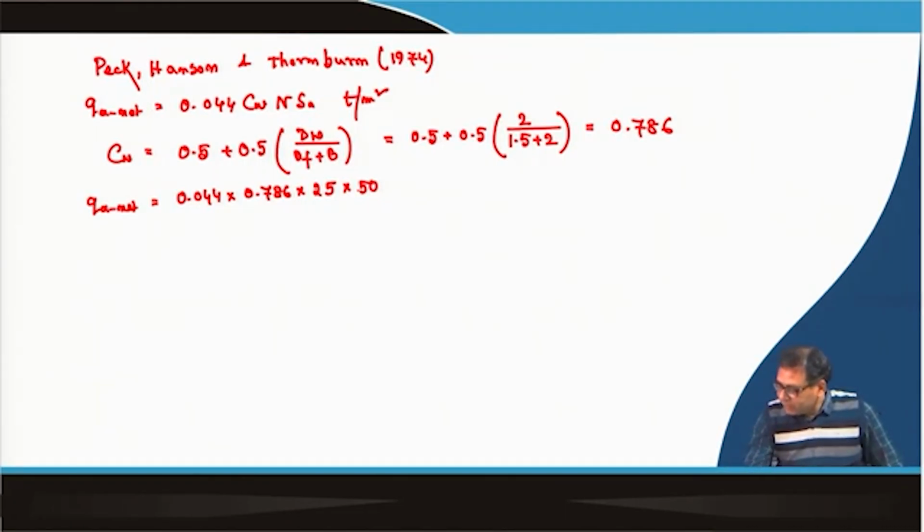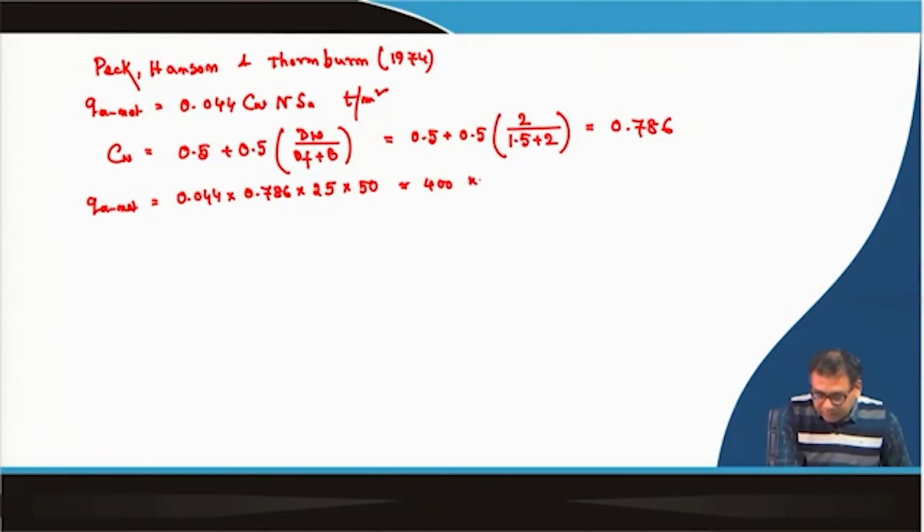Okay. So, this value we will be getting around 400 plus, because it will be more than 400 or something.